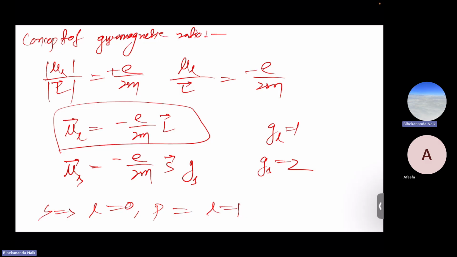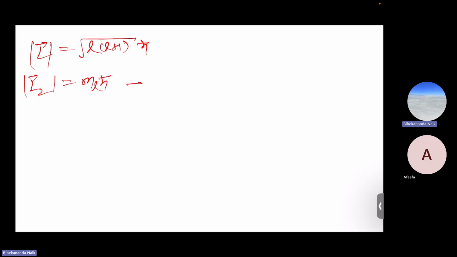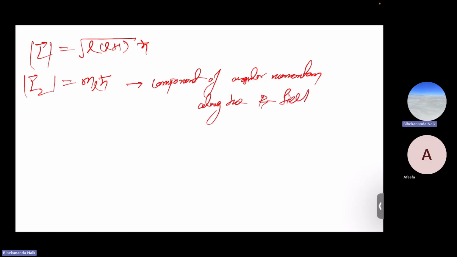Also in quantum mechanics, we write the l vector as root of l into l plus 1 times h cross, and lz is m l h cross. This is the component of angular momentum along the magnetic field.